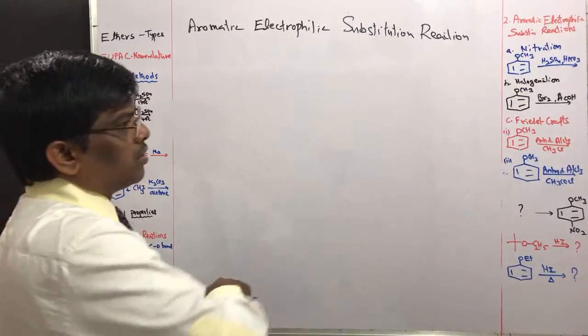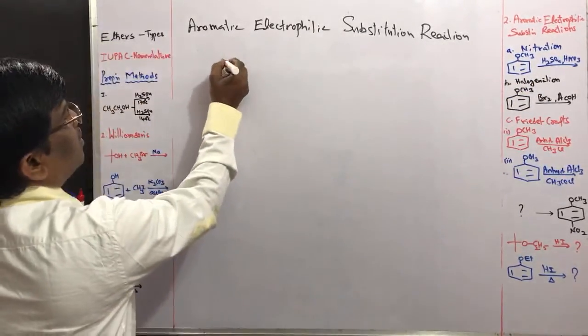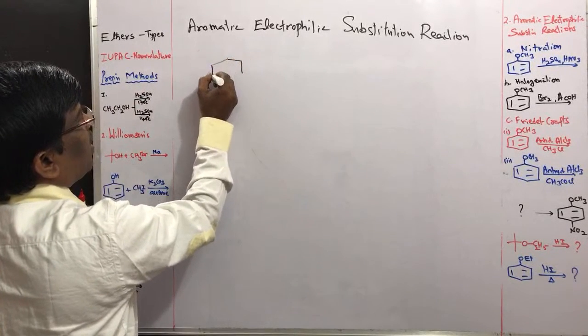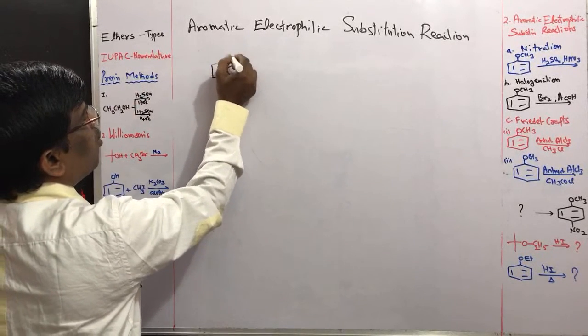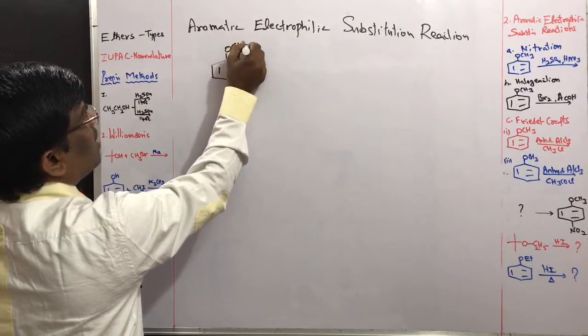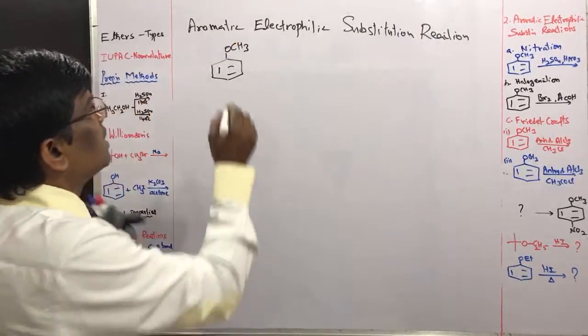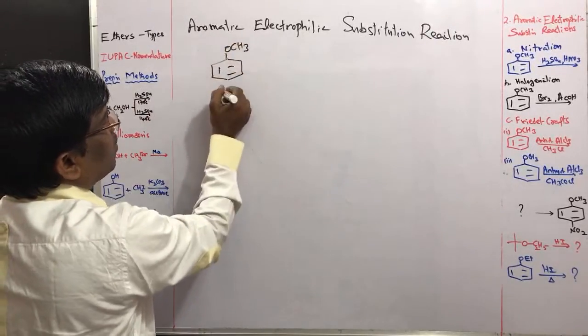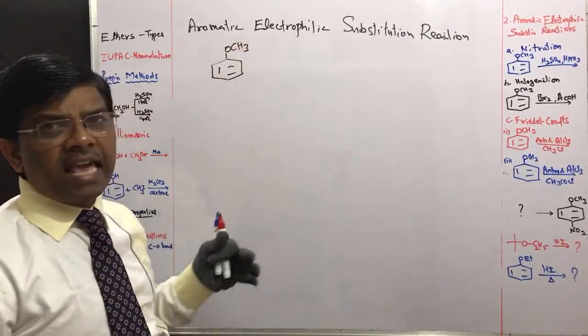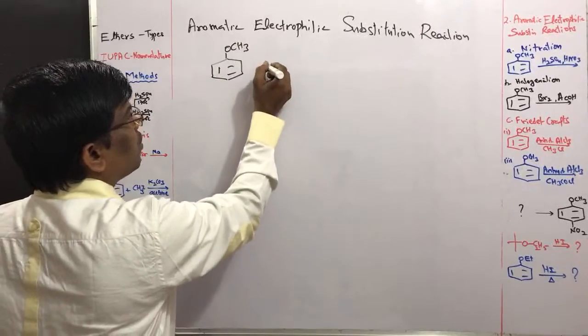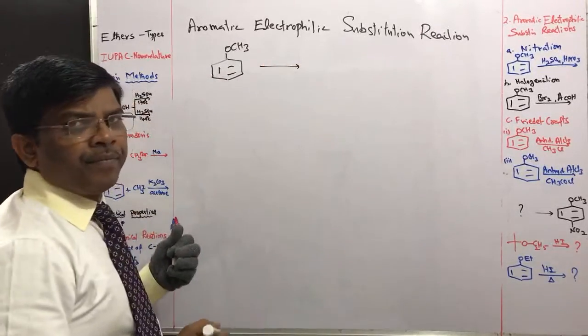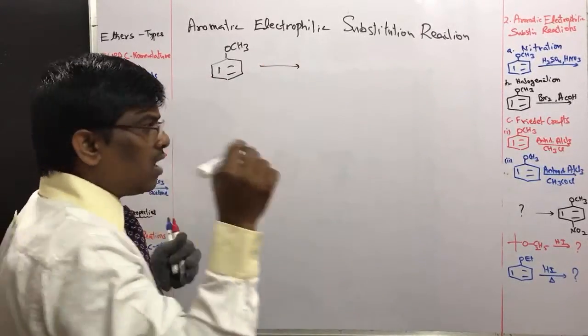Yes. So bromination. Usually bromination requires a Lewis acid, bromine plus Lewis acid, for the generation of the bromine electrophile. But anisole, or ethers, are highly activating groups, so it doesn't require ferric bromide.